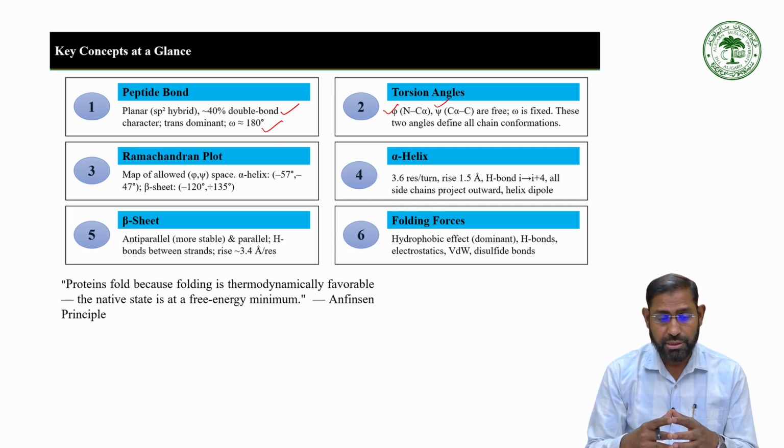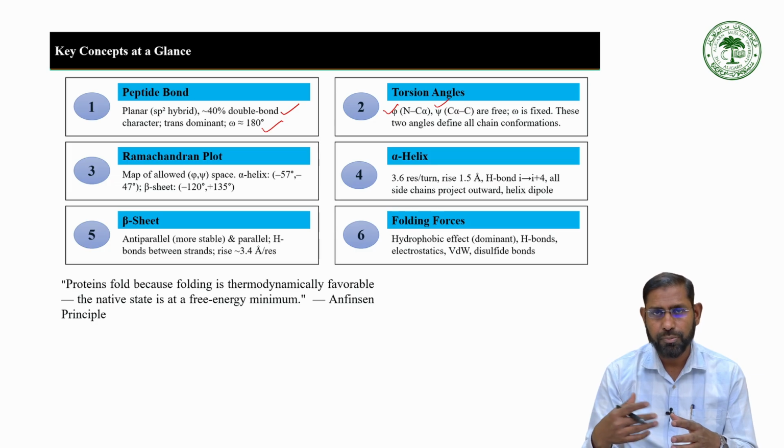Then the Ramachandran plot, which I explained in my previous lecture, is important because it defines and predicts the possible conformations of the protein, and also which conformations are not possible. The Ramachandran plot allows rotation of phi and psi angles.